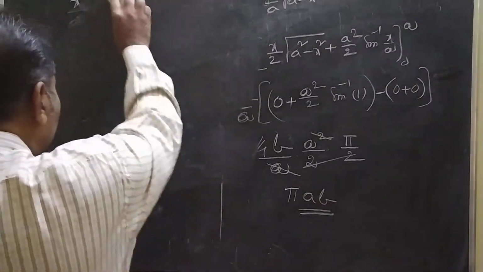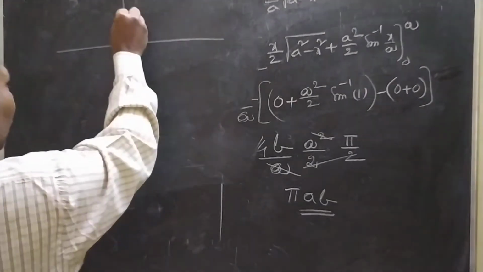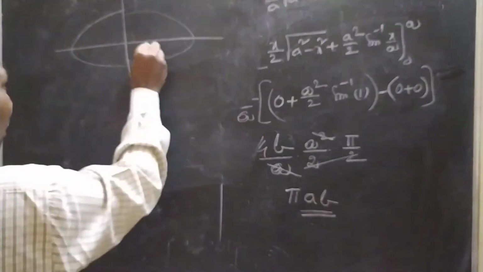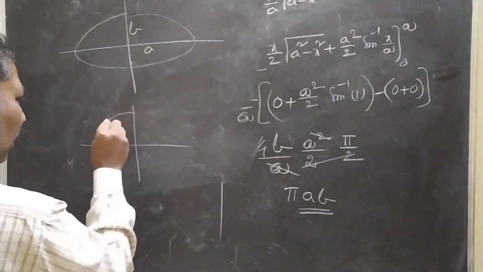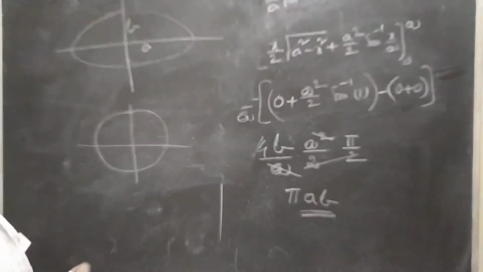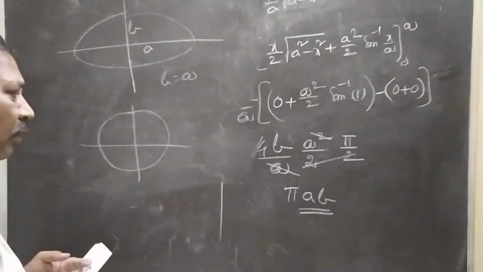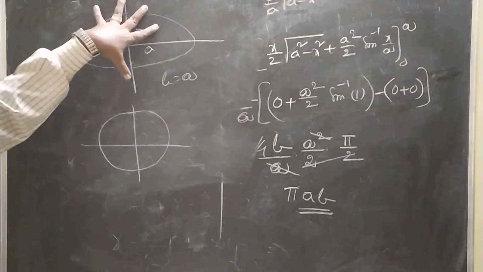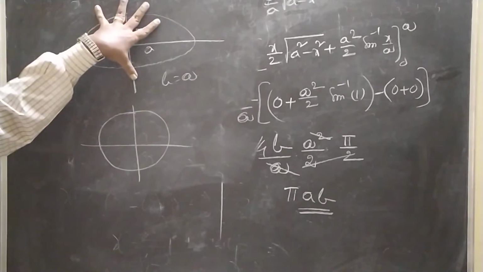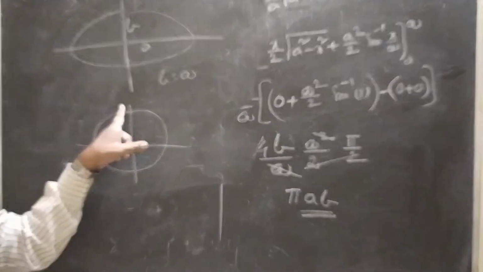See, this is the ellipse, with a and b. This is the circle. When b value equal to a, then the ellipse becomes a circle.